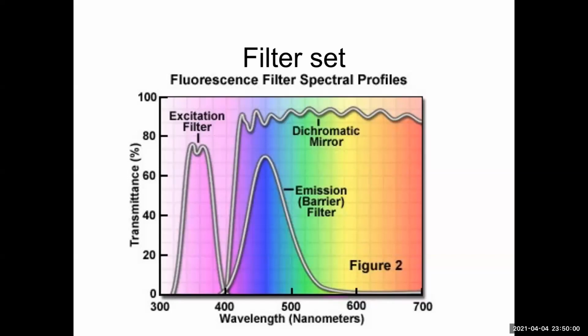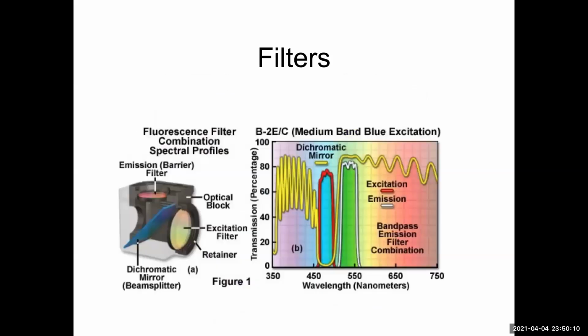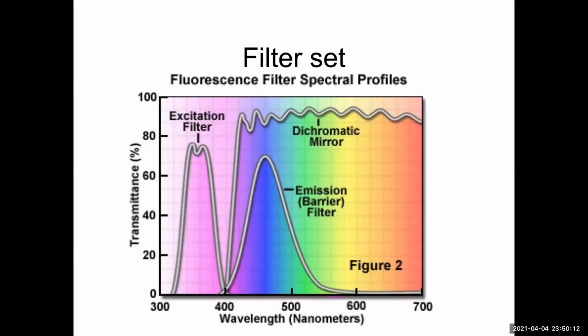And there's always a third line for the dichromatic mirror, or the dichroic, or the beam splitter. The mirror is basically going to mirror the emission filter too, right?